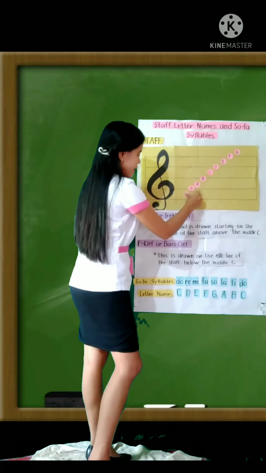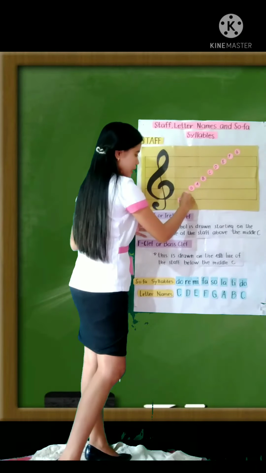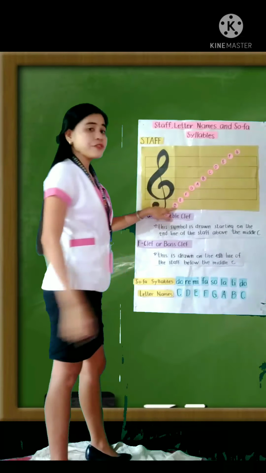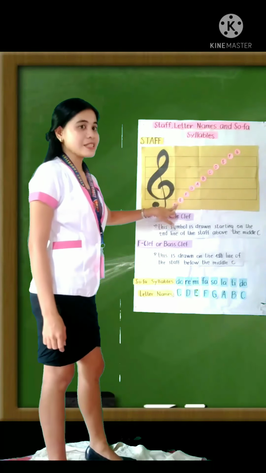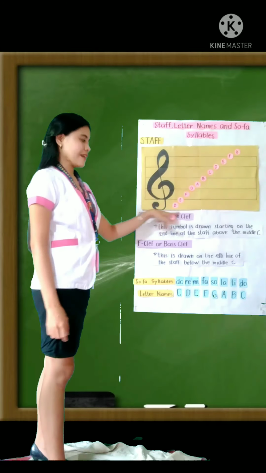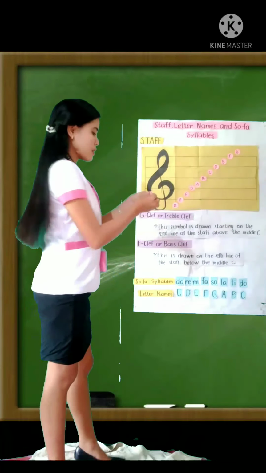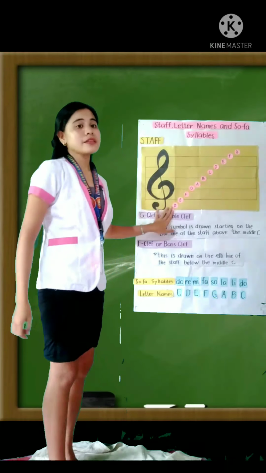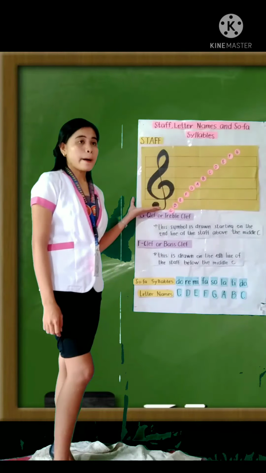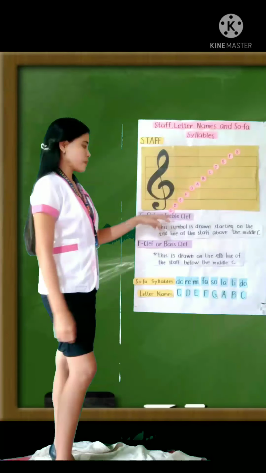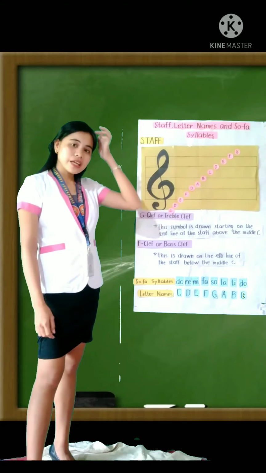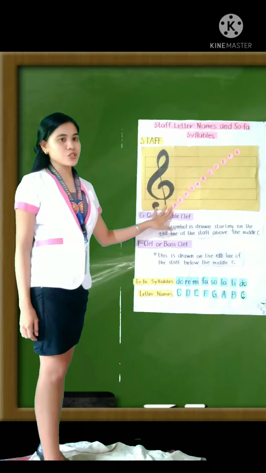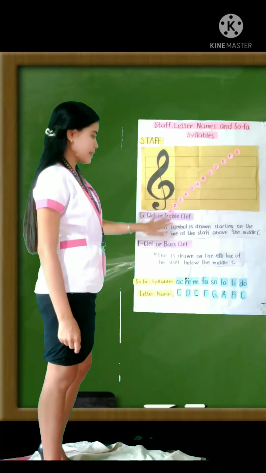So letter F, letter E, and letter D. After this letter D, since it is a G clef, we will put the middle C. That means that this clef ends there. So the tone here ends in this pitch, in this letter C.